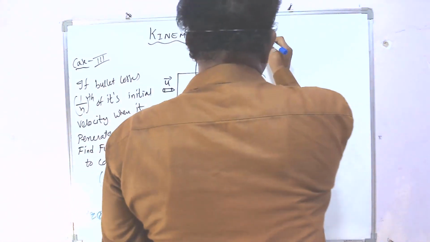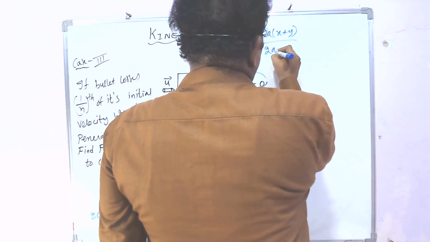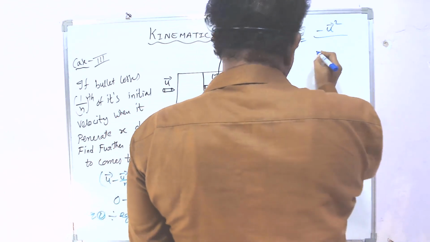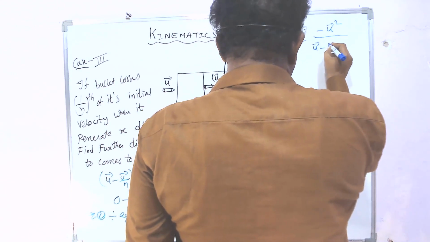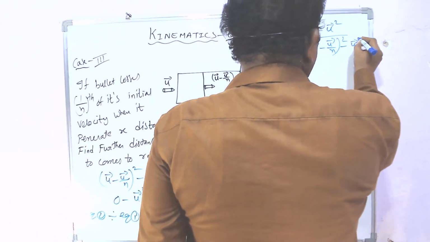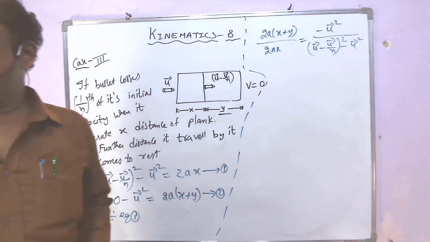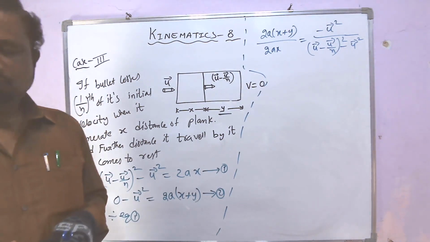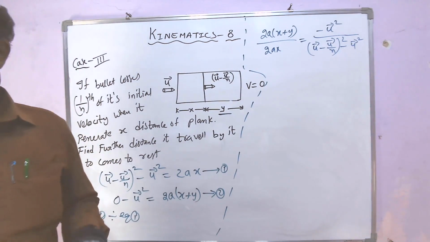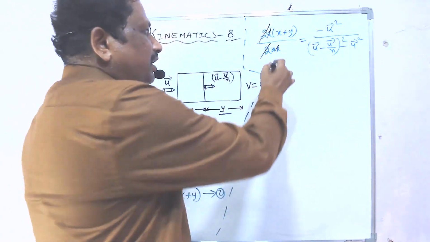We get 2a(x plus y) divided by 2ax is equal to minus u square divided by (u by n) whole square minus u square. Okay, clear? So here what gets cancelled? 2 gets cancelled, and acceleration a also gets cancelled.